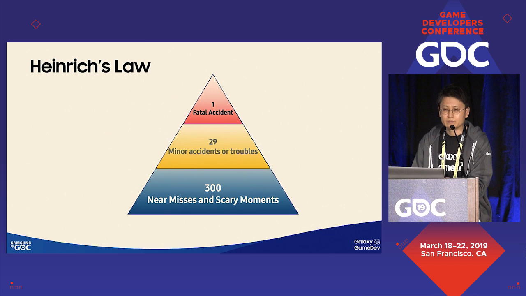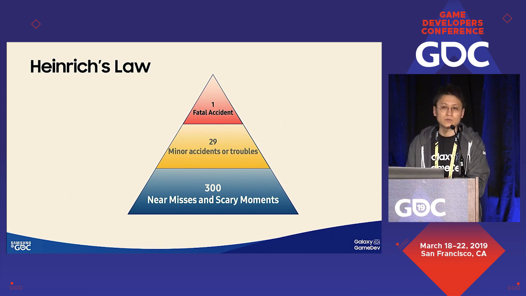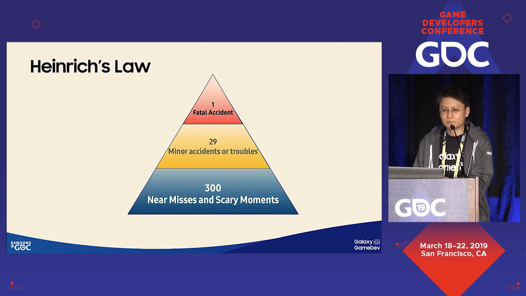You may know Heinrich's law. Before one critical issue happens, there were 29 minor accidents and about 300 near misses. This means there were many chances to prevent the one critical accident.